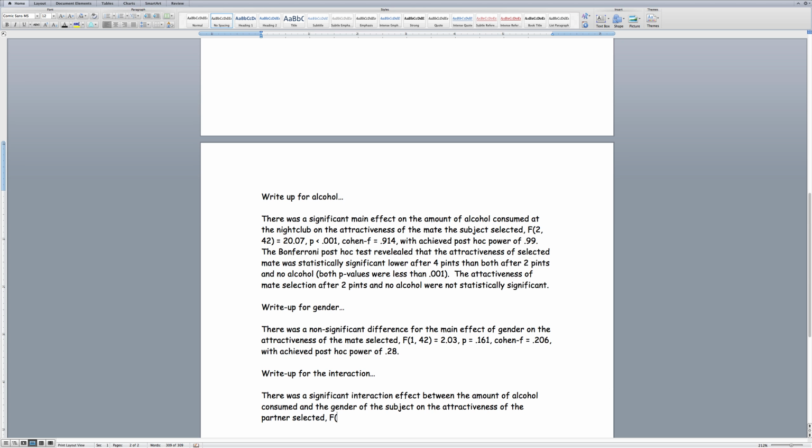And guys, I know this is F 2, 42, and it looks like from my notes this is 11.91 with a p-value less than 0.01. Now with Cohen's f equal to 0.914, which is a high effect, and achieved post hoc power 0.99.